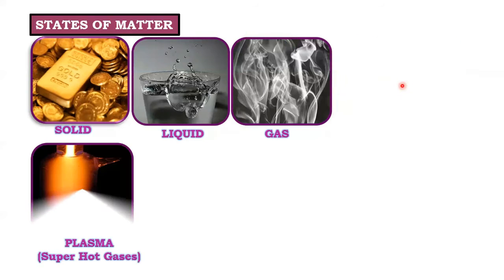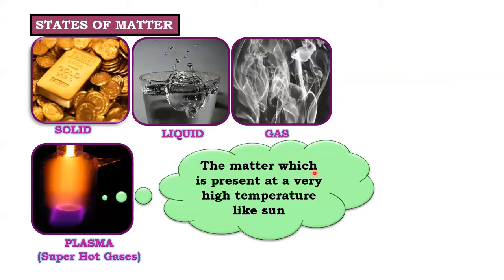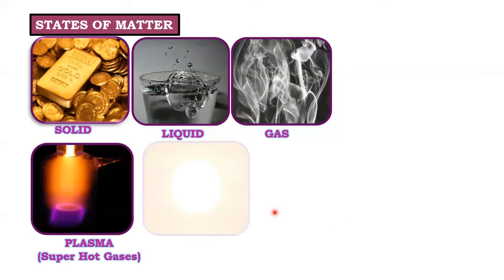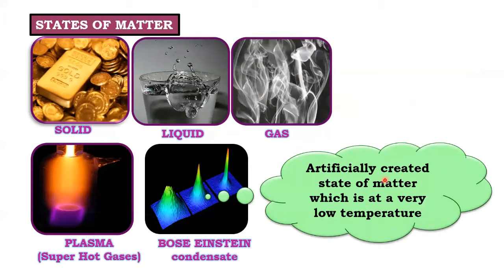What are those? It is plasma, super hot gases, the matter which is present at a very high temperature like the sun. And the next one is Bose-Einstein condensate, an artificially created state of matter which is at very low temperature.